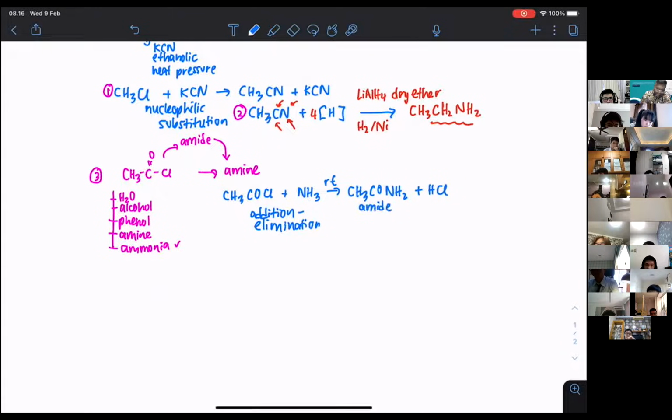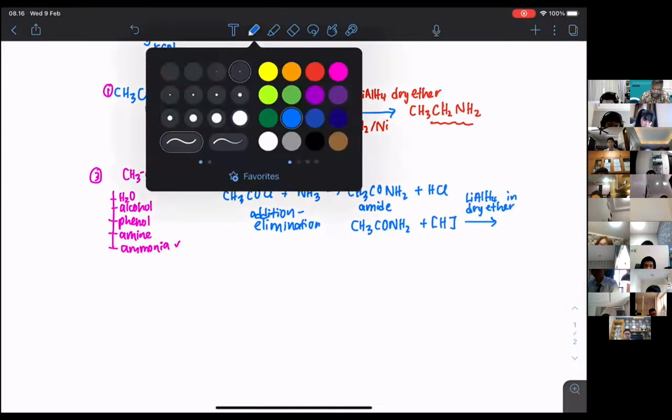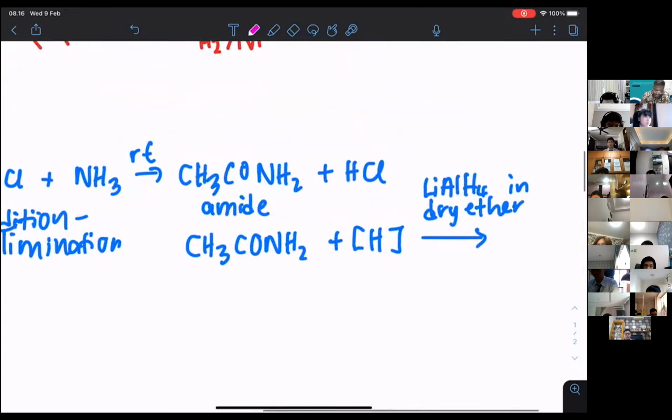Once you get the amide, you can reduce it. There is only one way to reduce an amide, by using LiAlH4 in dry ether. I told you how to remember this: you take out the O, and hydrogens come in, total 4H.